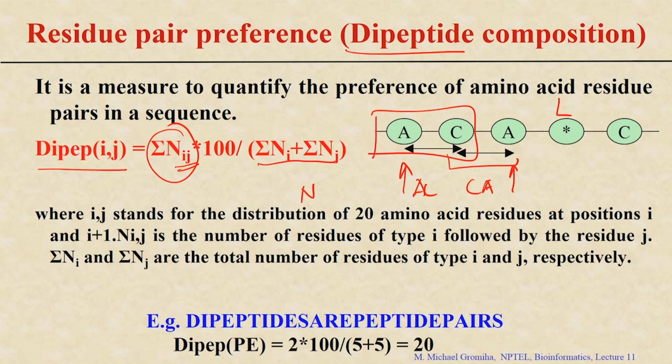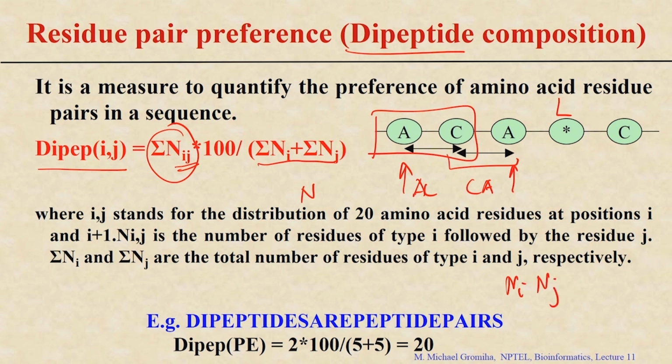Here I normalize with Ni plus Nj, that means totally how many residues are involved in this i and j. If it is i 5 times and j 9 times, then there are 9 cases in the sequence. But if you want to get the probability, if there are Ni residues of type i and Nj residues of type j, then you can use Ni into Nj.